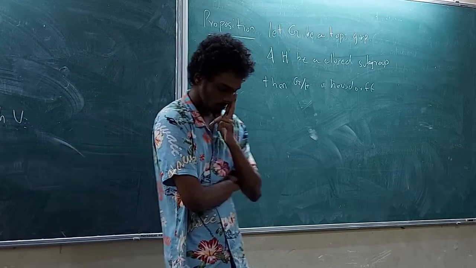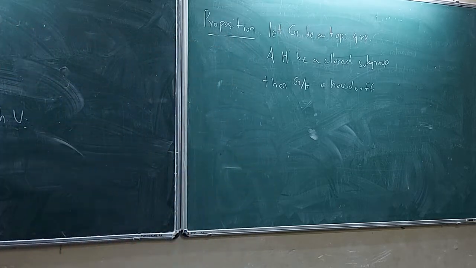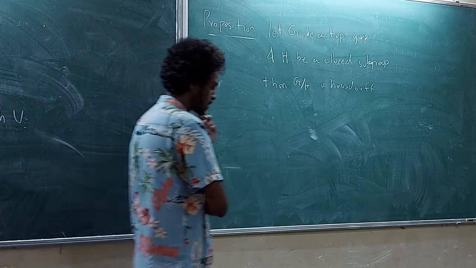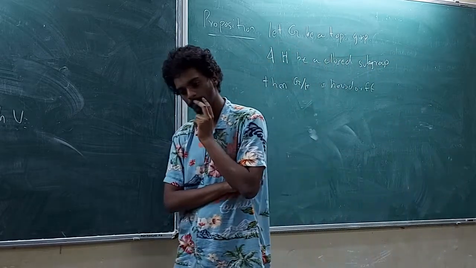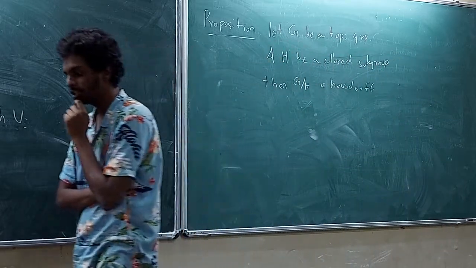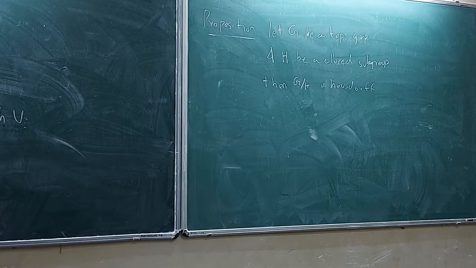Subgroup that is not closed. So obviously we cannot consider discrete groups. I think in GLnR, I remember SUn or SLn, one of those.